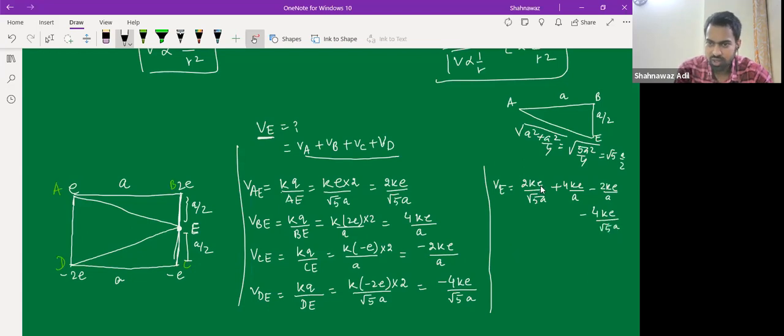So this is 2kE by root 5, and this is minus, so this is minus 2kE by root 5. And then 4kE by a minus 2kE by a, so 2kE by a. Right. So let us take 2kE by a common. So this is 1 minus 1 by root 5. So this is the answer.